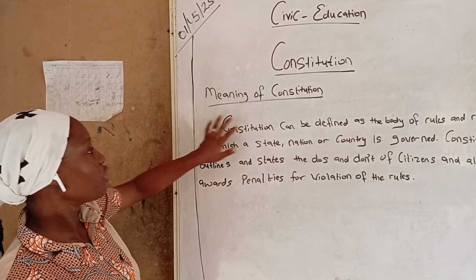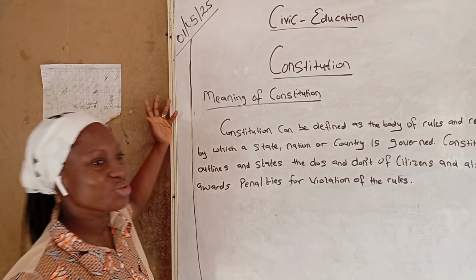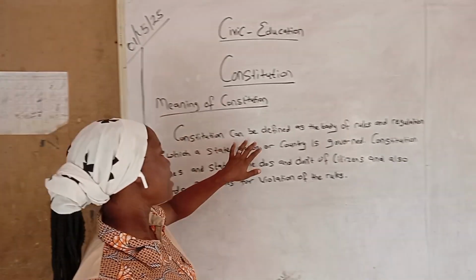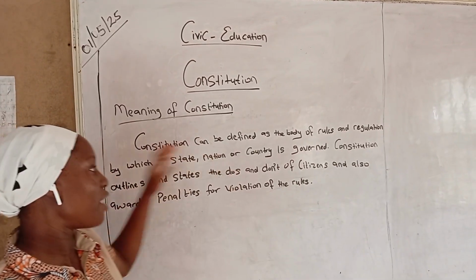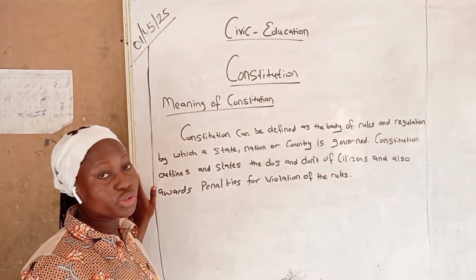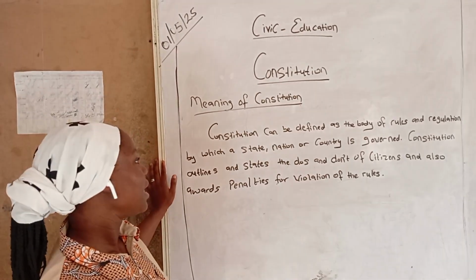Now, firstly, the meaning of the Constitution. What is Constitution? What do you understand by Constitution? Constitution can be defined as a body of rules and regulations by which a state, nation, or country is being governed.